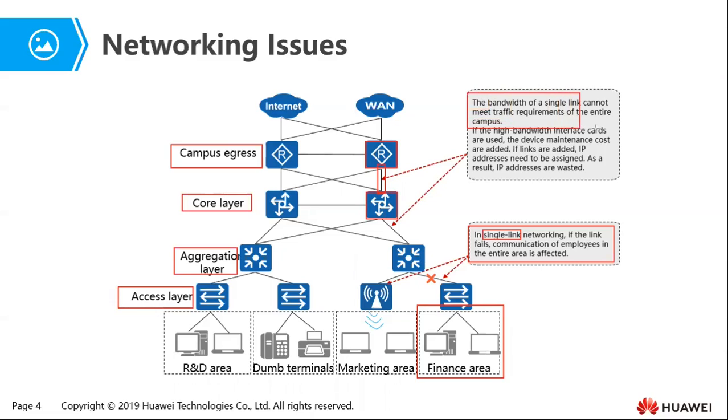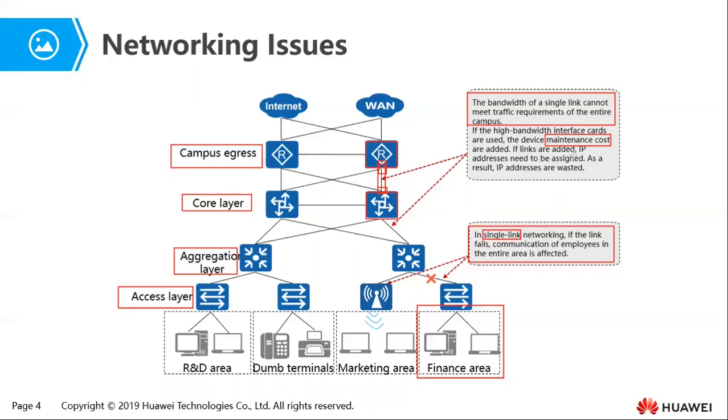The bandwidth of a single link cannot meet traffic requirements of the entire campus network. If high bandwidth interface cards are used, then the device maintenance costs are added. We can replace these cards so that, for example, if they were 1 gig, we go for 10 gig interface cards, but that will also increase the maintenance cost.